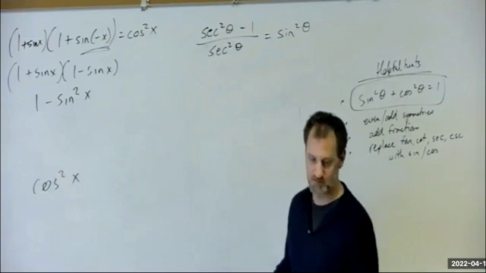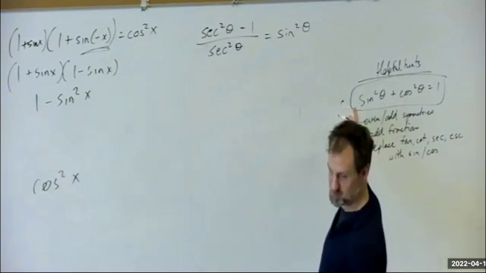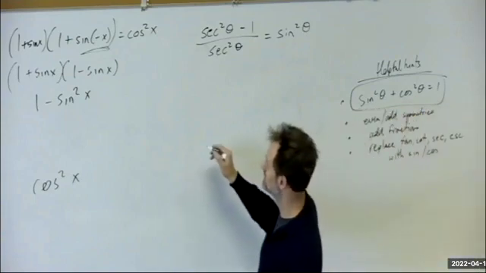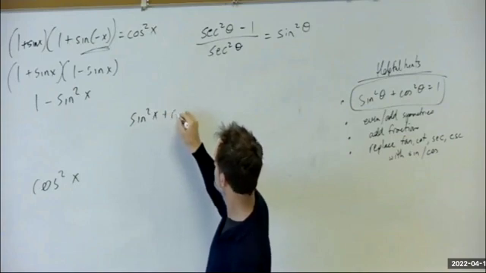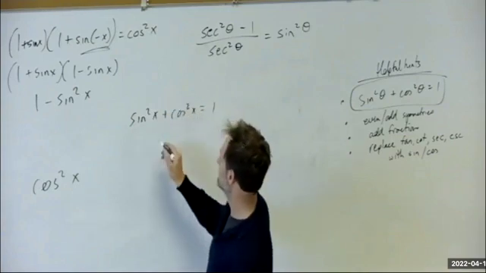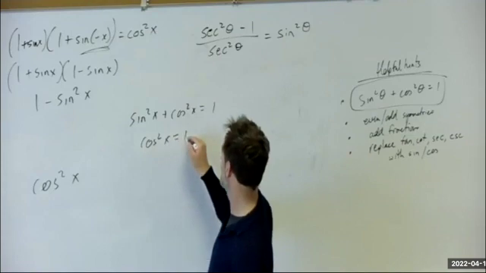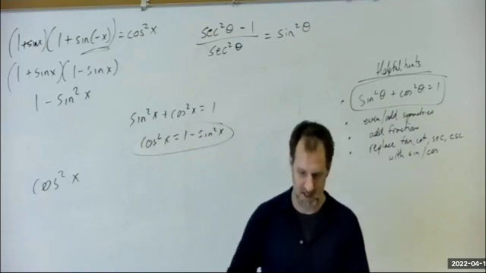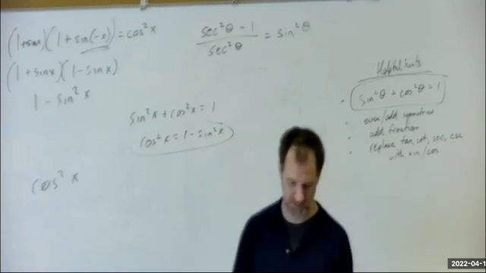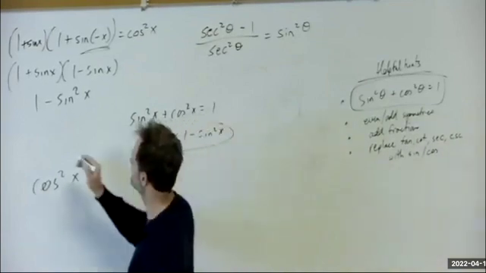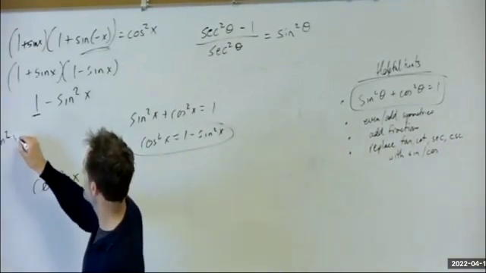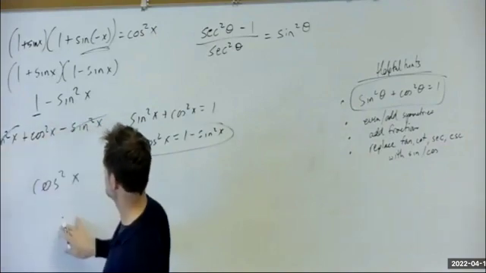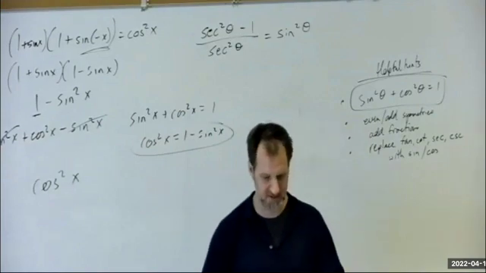Or I'm happy with just manipulating the Pythagorean identity: if sine squared x plus cosine squared x equals 1, then cosine squared x equals 1 minus sine squared x. This is an identity. So 1 minus sine squared x is the same as cosine squared x. Or replace it with sine squared x plus cosine squared x minus sine squared x. Okay, cosine squared x. A couple ways to finish that.